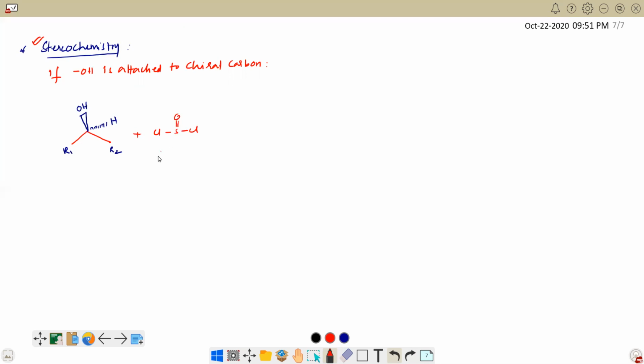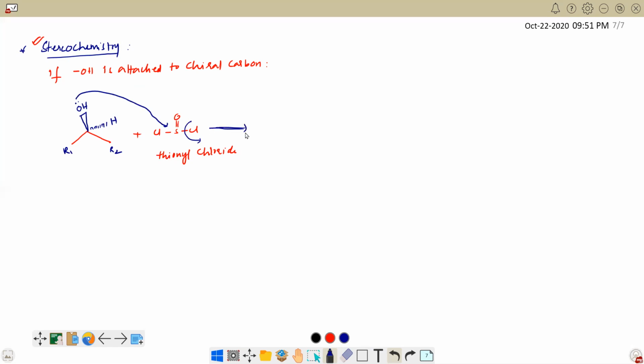What is the name of this compound? Thionyl. See, simply what happens here: protonation takes place on sulfur like this, and this bond shifts here. Otherwise, directly I'm writing this chlorine, because it is a leaving group, correct? Understood? If you have any doubt, ask me.